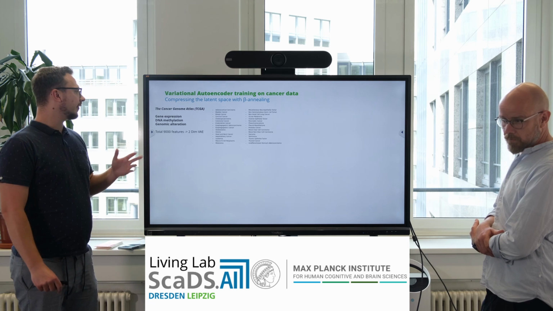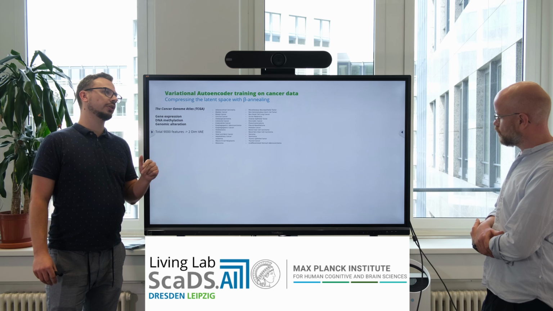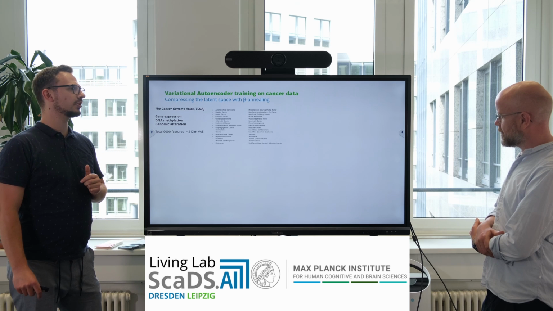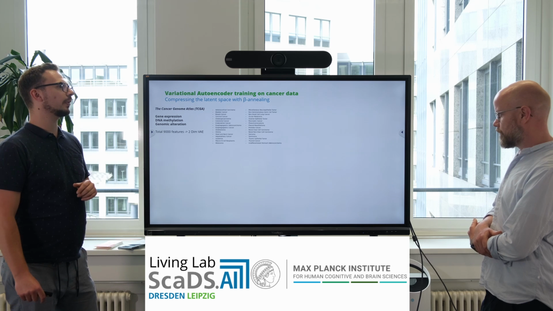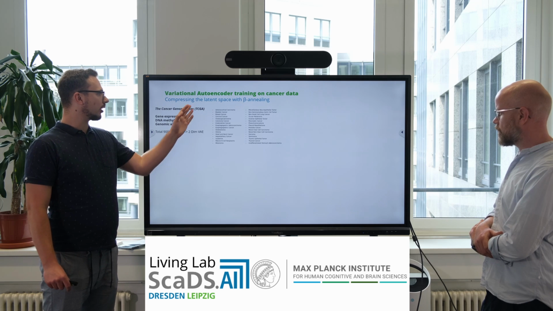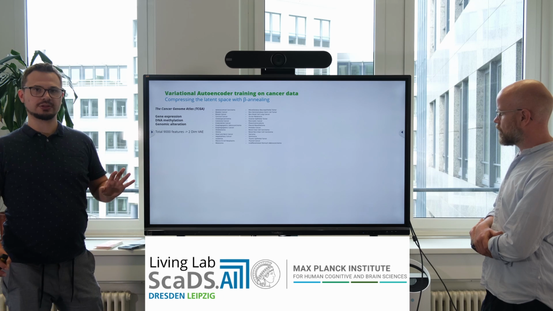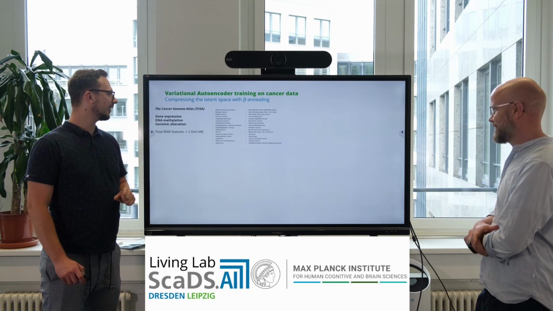In total we have 9,000 features and around 10,000 different patients with different cancer types, which are colorized here. Probably not so easy to see because there are so many.